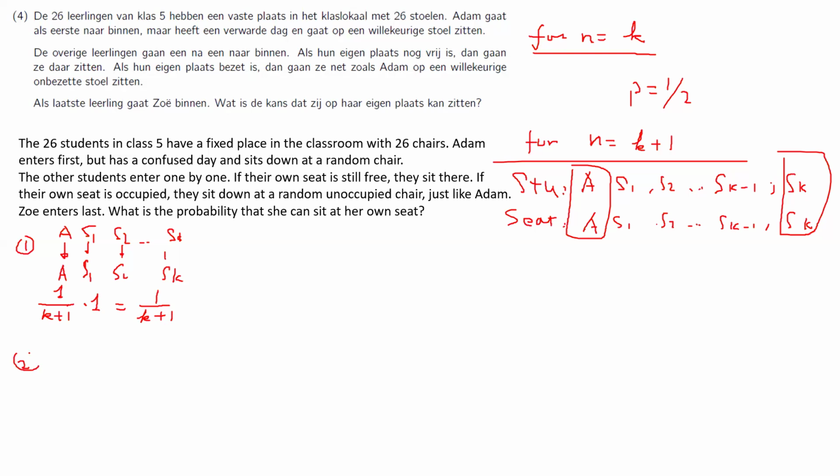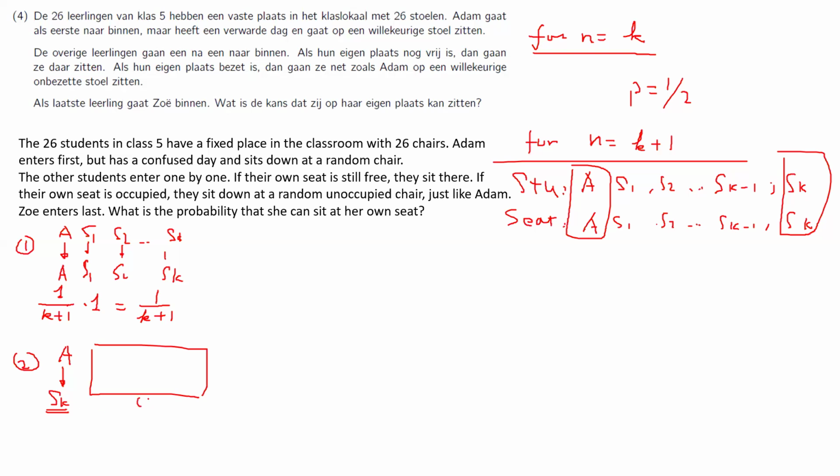Second case, when A directly selects Sk. And no matter how the rest of the story goes, the seat Sk has been already occupied by A. So there's no chance for Sk to select her own seat, right?